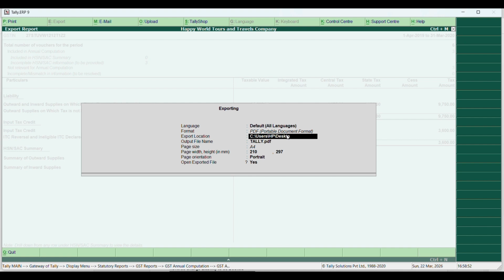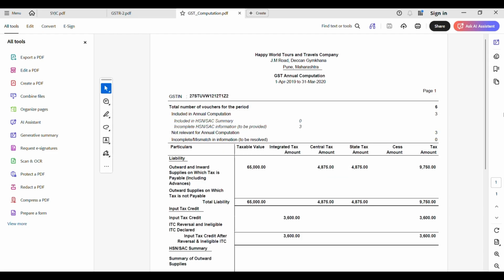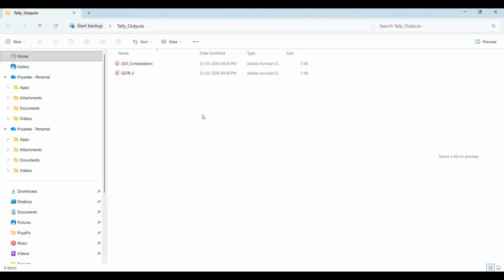Desktop/, this will be Tally outputs. Now here I want GST computation PDF. So this is GST annual computation. So both the outputs you can see here. I'm having both the outputs.